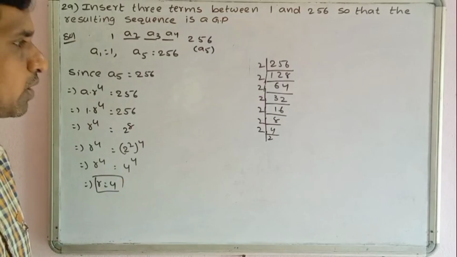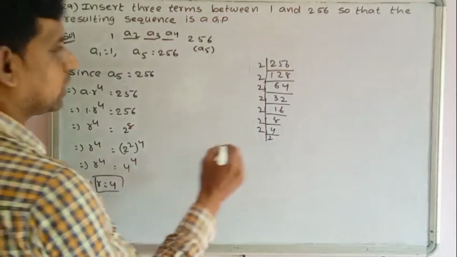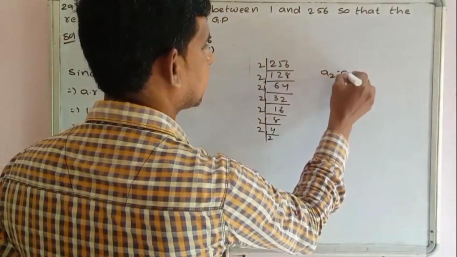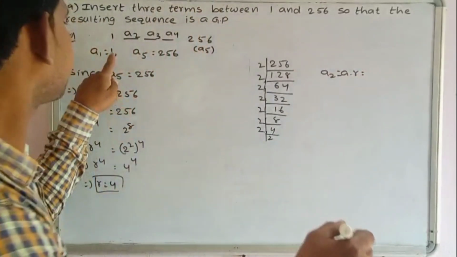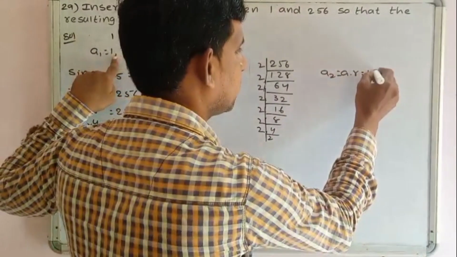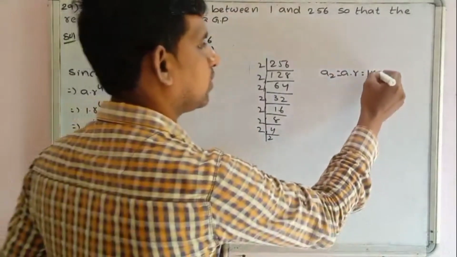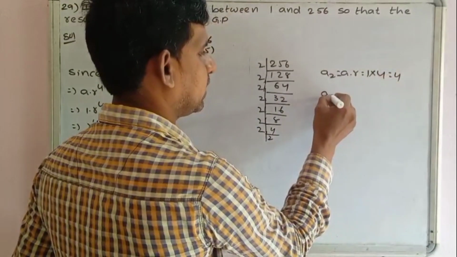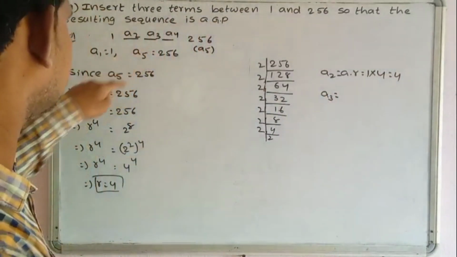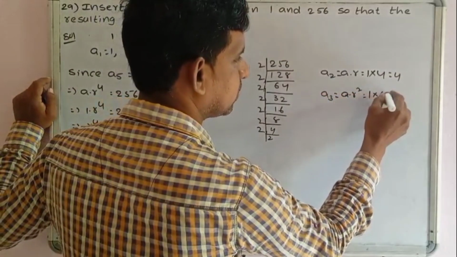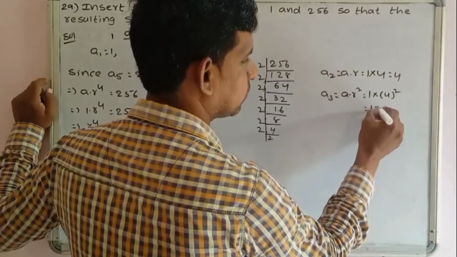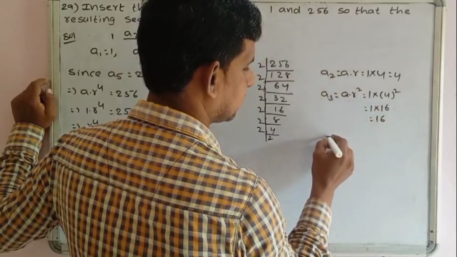Now we will find a2. What is the formula of a2? a2 equals a times r. So here a value is 1, r value is 4. 1 into 4 equals 4. A3 value is a into r square, that is 1 into 4 square, so 16.